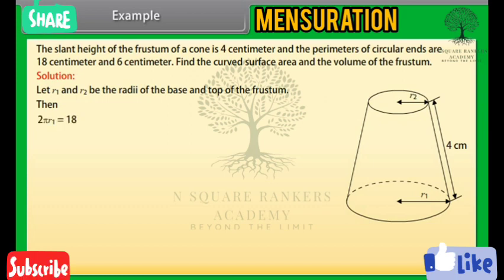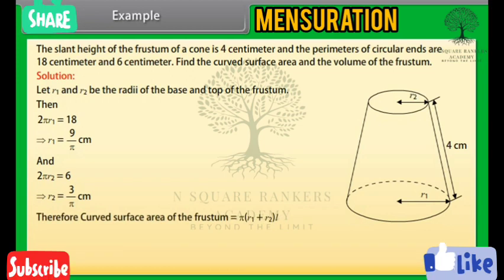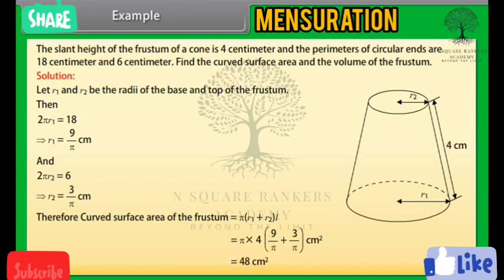Then 2 pi R1 equals 18, which implies R1 is equal to 9 upon pi centimeter, and 2 pi R2 is equal to 6, which implies R2 is equal to 3 upon pi centimeter. Therefore, the curved surface area of the frustum is equal to pi into R1 plus R2 into L, which equals pi into 4 into 9 upon pi plus 3 upon pi centimeter square, which equals 48 centimeters square.